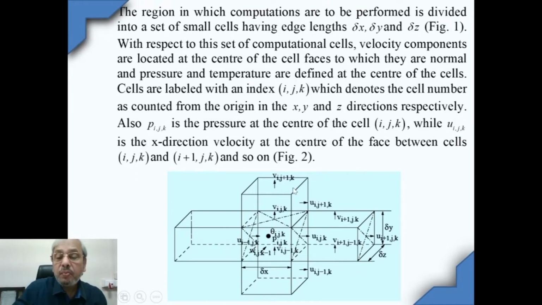So between these two cells, at the center of the cell face of IJK, Vijk has been defined. So this is how the velocities and the pressures are located on the grid mesh.